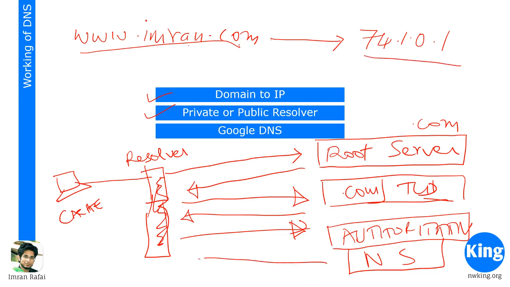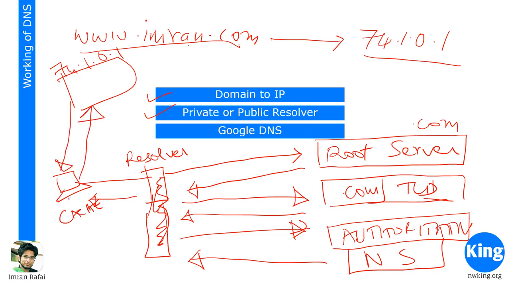It sends that information back to the resolver. The resolver puts that in its cache, and sends that back to your computer. Your computer then contacts that server, let's say this is the server, which is 74.1.0.1. It contacts the server, and the server sends the HTML file, and it displays that information.